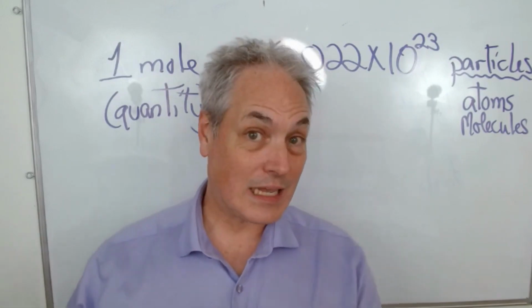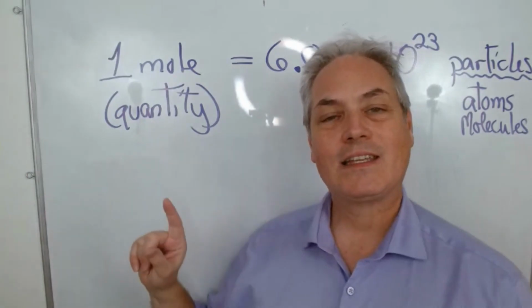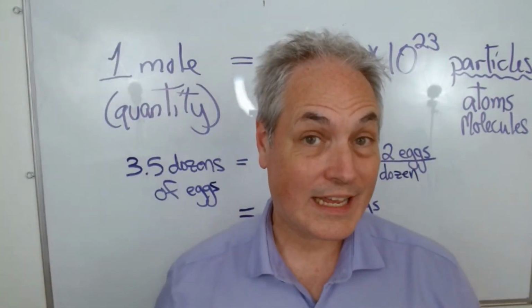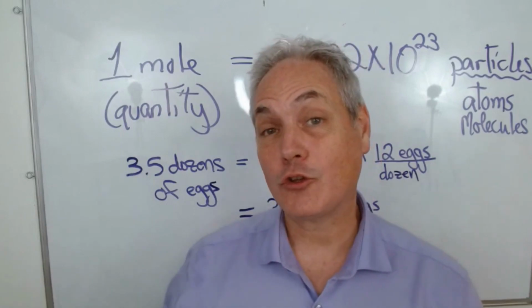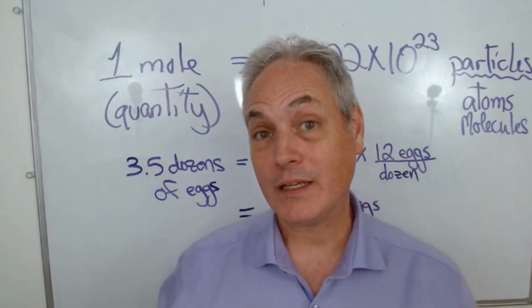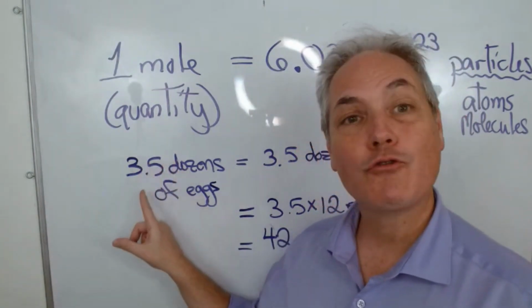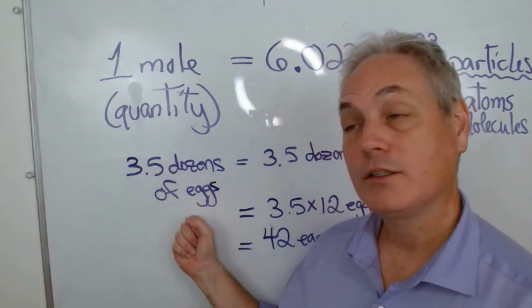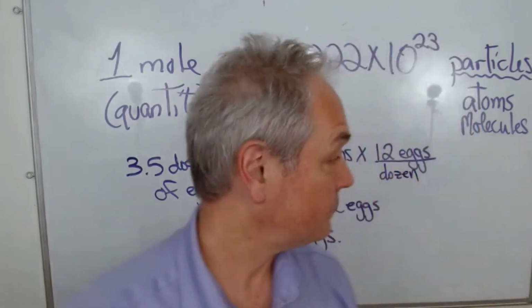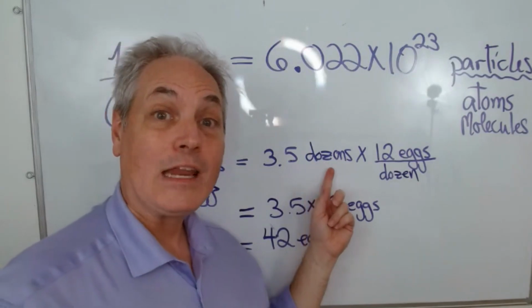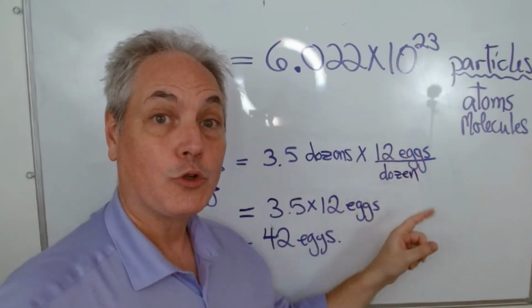So here is what is important: a mole is a representation of a quantity. In order to understand what a quantity is, here's another example that could be helpful. If someone says that there are 3.5 dozens of eggs, this means we have 3.5 dozens, and we know that there are 12 eggs per dozen.